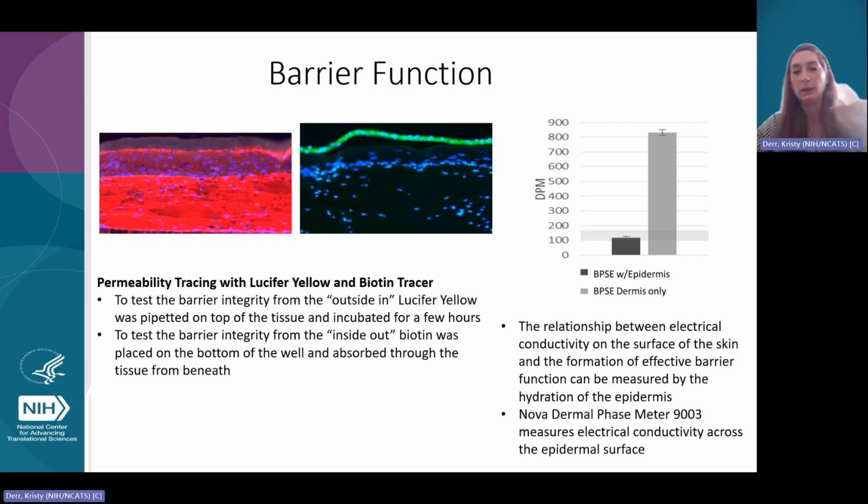So you'll see that light gray bar coming across horizontally, and that's what human skin measures. And you can see our reconstructed skin tissues is right around where human skin is. And then without the epidermis, the DPMs shoot way up very high, because the top of the skin is still wet.